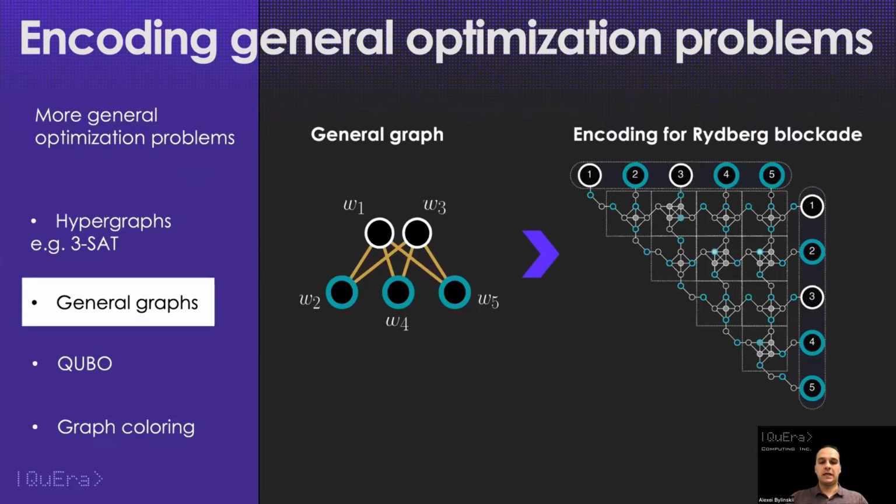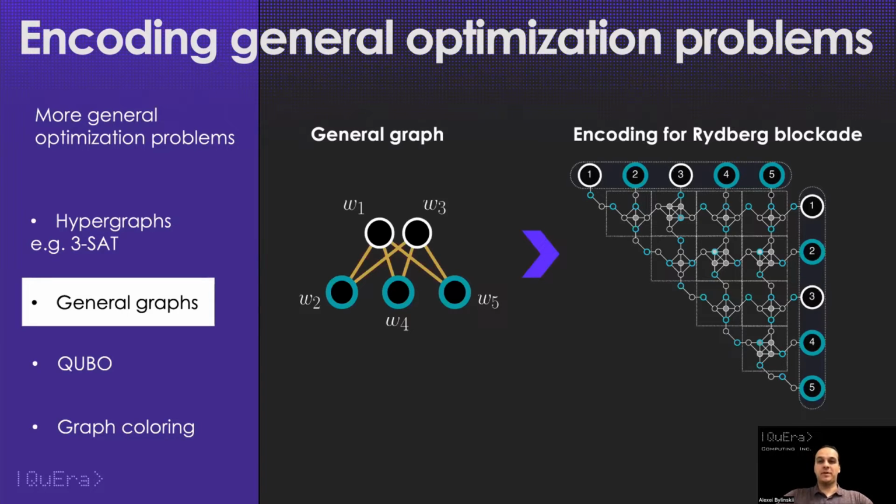For example, let's take this general graph, one of the smallest ones that is a non-planar graph. You can see the edges in this graph intersect, and it is not possible to draw a unit disk radius that would result in these edges for this graph.